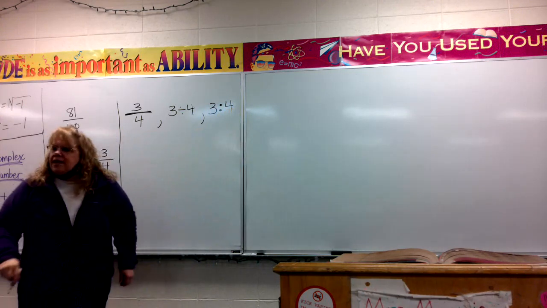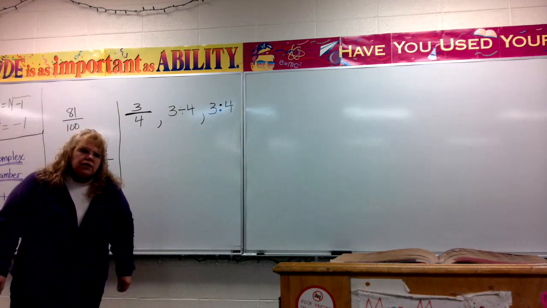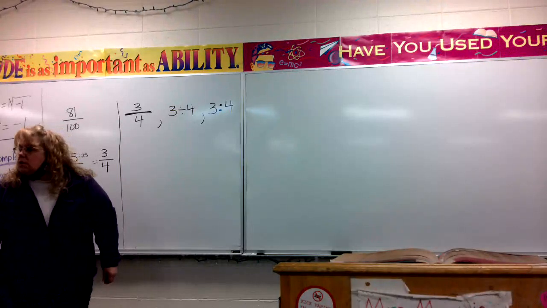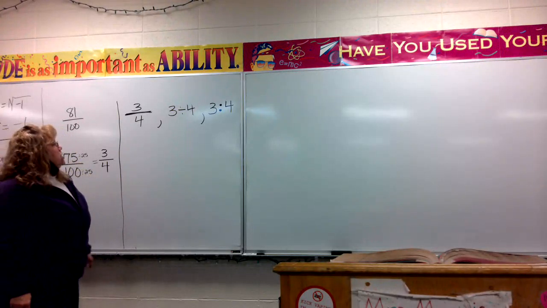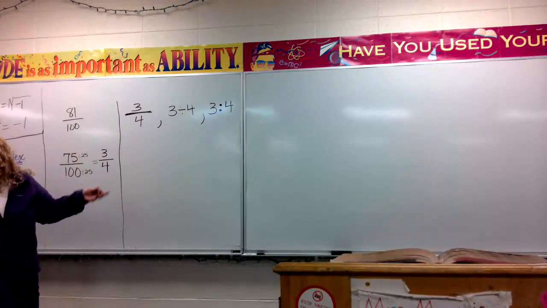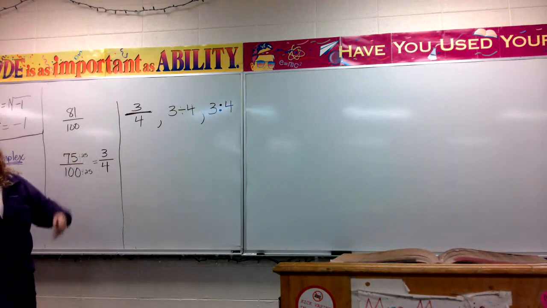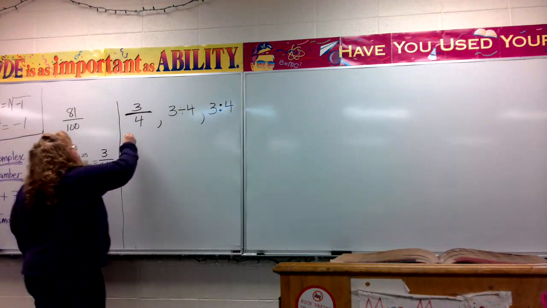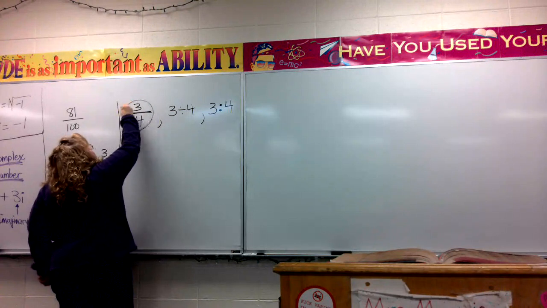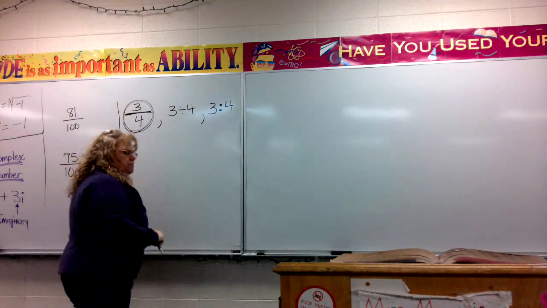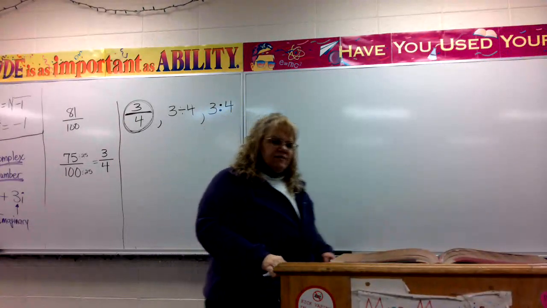I don't like that way. I don't like the colon. But you have your choice. You can write them as whichever of these you choose. I just like the fraction. That's just me personally.